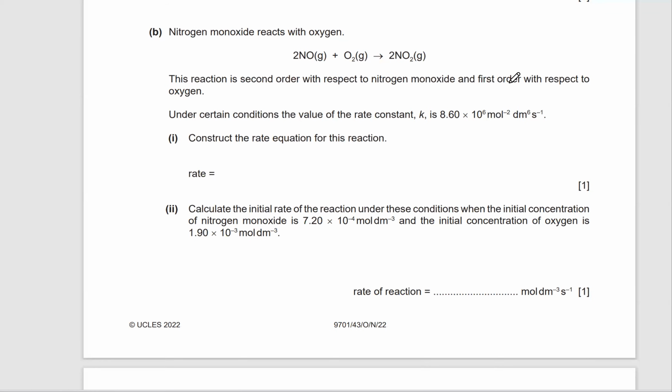And I guess ये हमने शायद किया था, लेकिन कर लेते हैं. Everything is given in this question. He has already told you कि it's second order with respect to nitrogen monoxide. So rate is equal to k. NO के respect से it's second order, right? And it's first order with respect to oxygen. So oxygen के respect से it's first order, ठीक है? So that's it. And you have to find the rate of reaction. You can find the rate using this equation. k is already given.